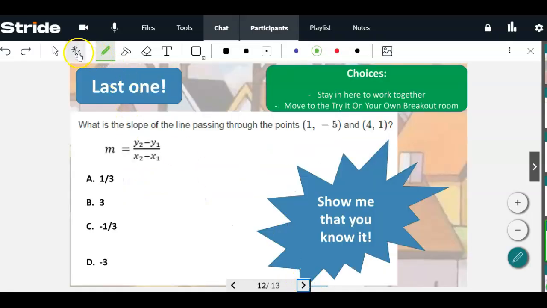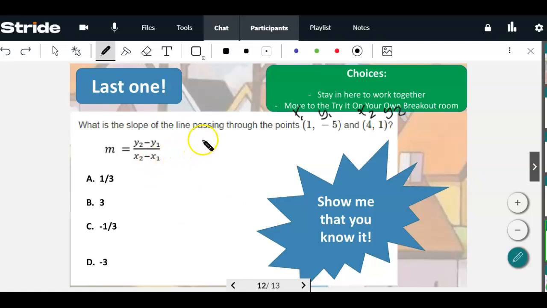And then the last problem here, it says multiple choice problem. We have 1, -5, 4, 3. So I'm going to put this in black. It's x1, y1, x2, y2.